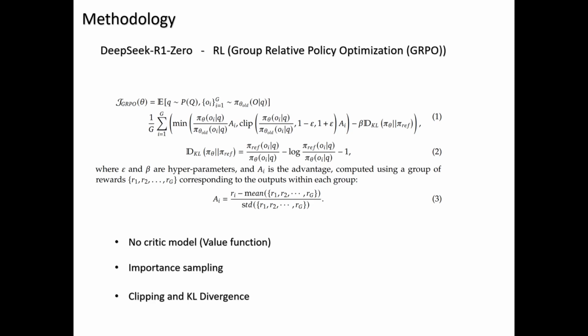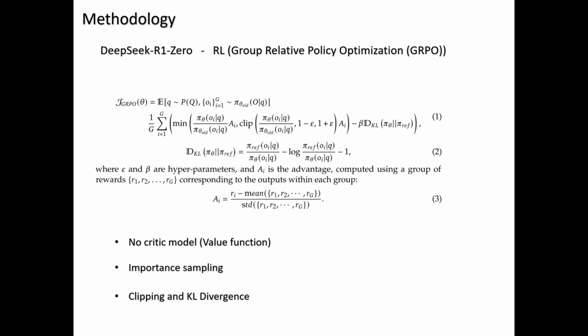And the clip here refers to clipping the importance sampling ratio. This is because we don't want the importance sampling ratio to vary too much. If the ratio is quite different from one, that means the old and new policies diverge significantly, causing importance sampling to be ineffective.